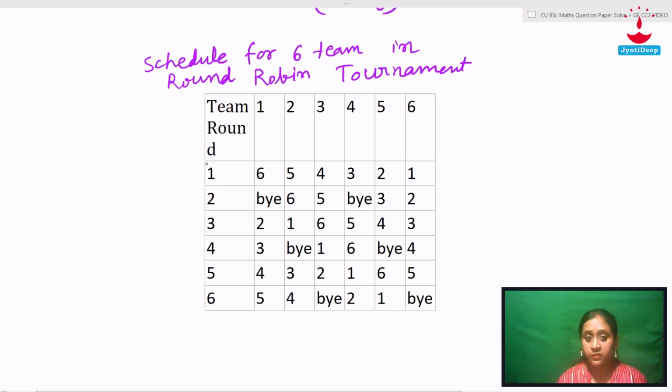So this chart is very important because this chart will tell you which team will play with which team in which round. Okay. I hope you understand.